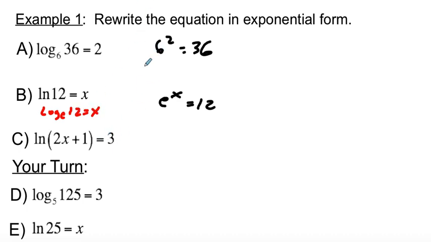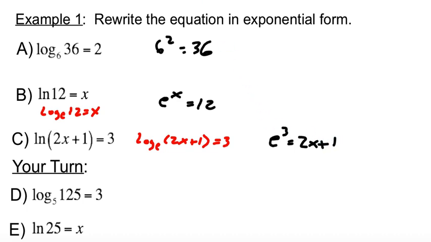Likewise for letter C, natural log is log base e of 2x plus 1. The equivalent exponential there is e to the third equals 2x plus 1. Now we're not trying to solve this for x, we're just writing the equivalent exponential.